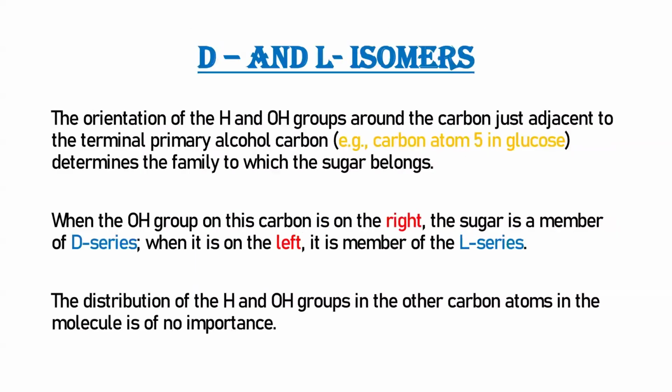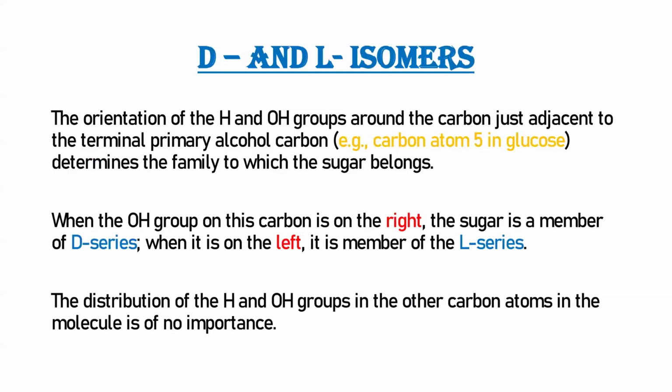So now we are going to look at D and L isomers. The orientation of the hydrogen and OH groups around the carbon adjacent to the terminal primary alcohol group, e.g., carbon atom 5 in glucose, determines the family to which the sugar belongs.